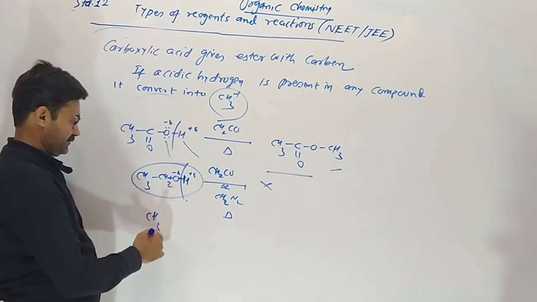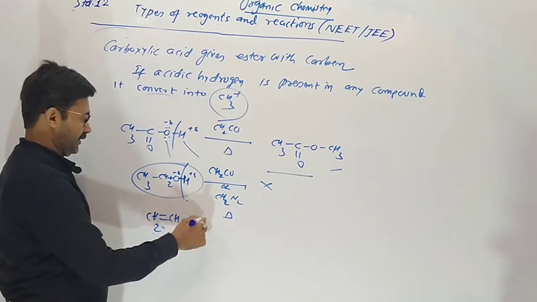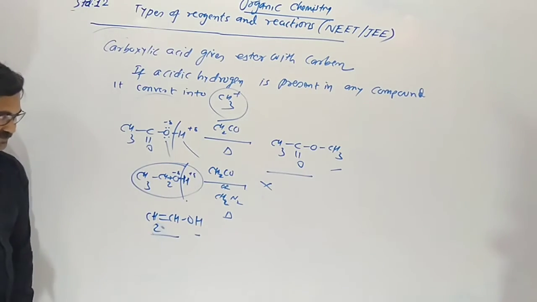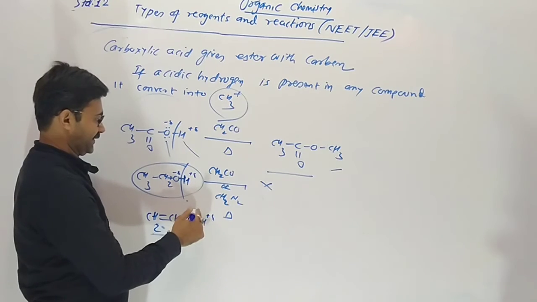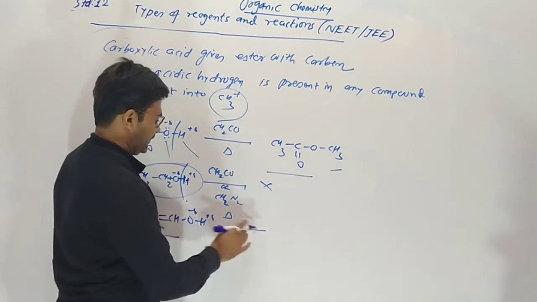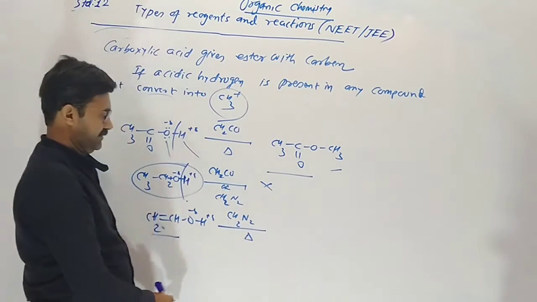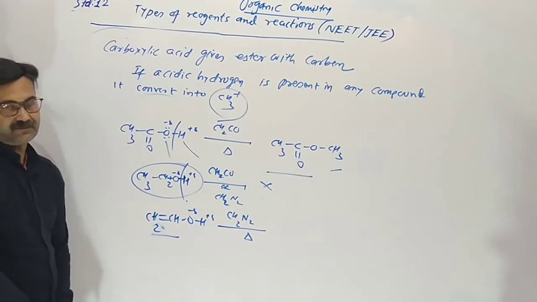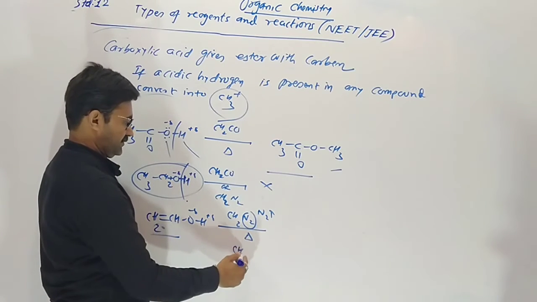But when we take vinyl alcohol, here the H plus is acidic, and it reacts with diazomethane. First of all, nitrogen is released as a gas.